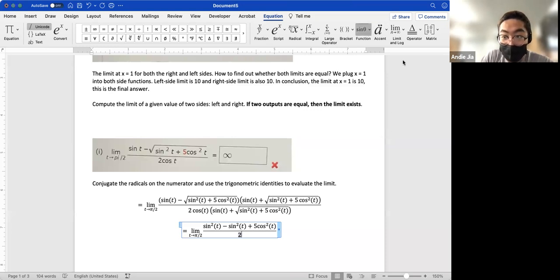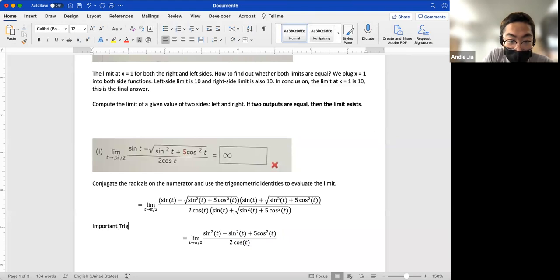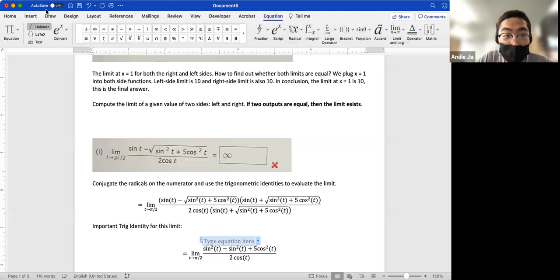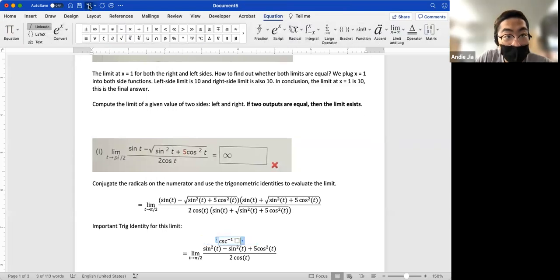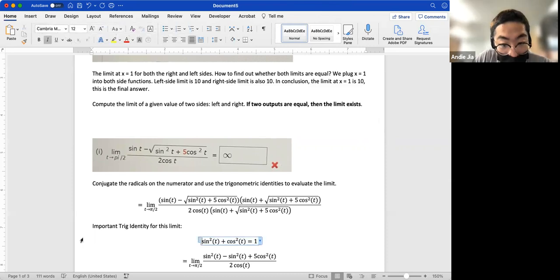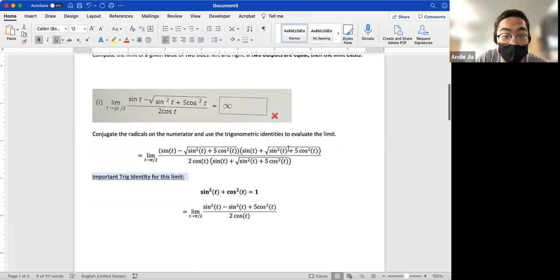Here's a trick that you probably have to know, an important trig identity for this limit: sine squared plus cosine squared of t is equal to 1. Please remember this trig identity.